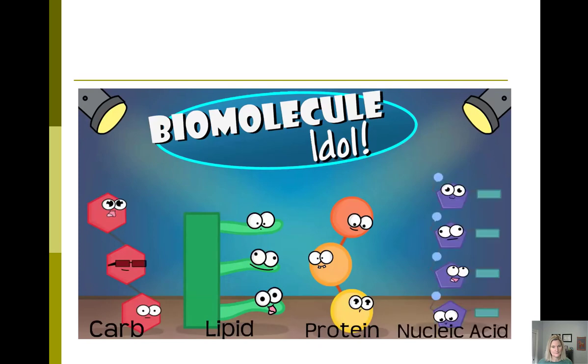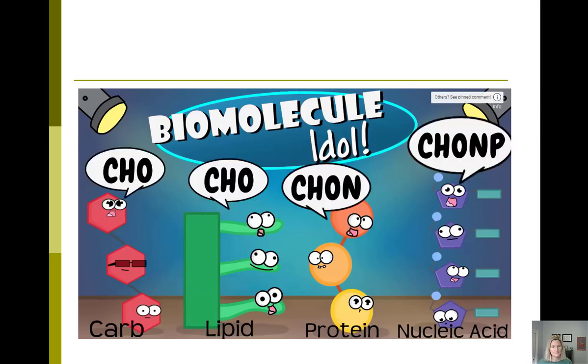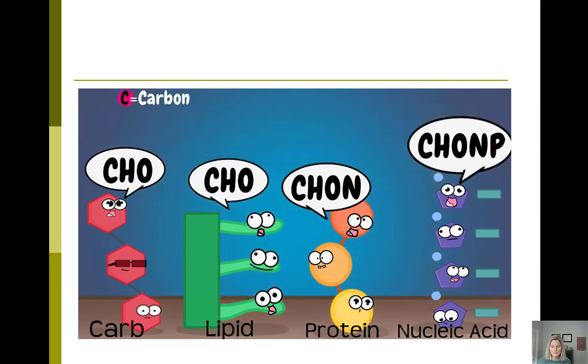Then remember this mnemonic device that goes with these 4 biomolecules: CHO, CHO, CHOM, CHOMP. Instead of chomp at the end with an M, it's chomp at the end with an N. The C stands for carbon, the H stands for hydrogen, the O for oxygen.